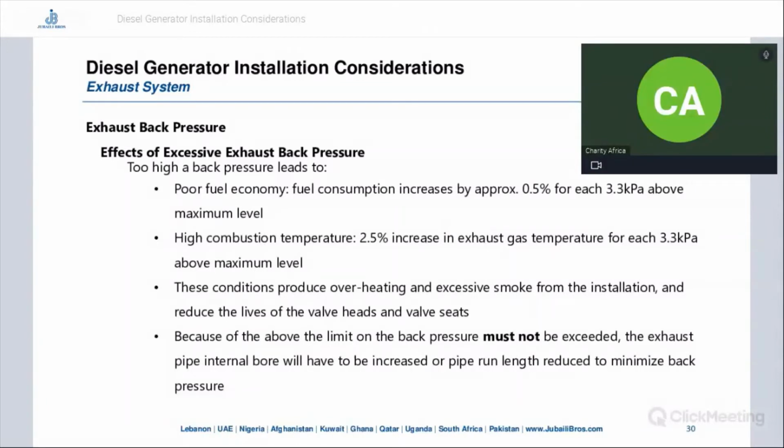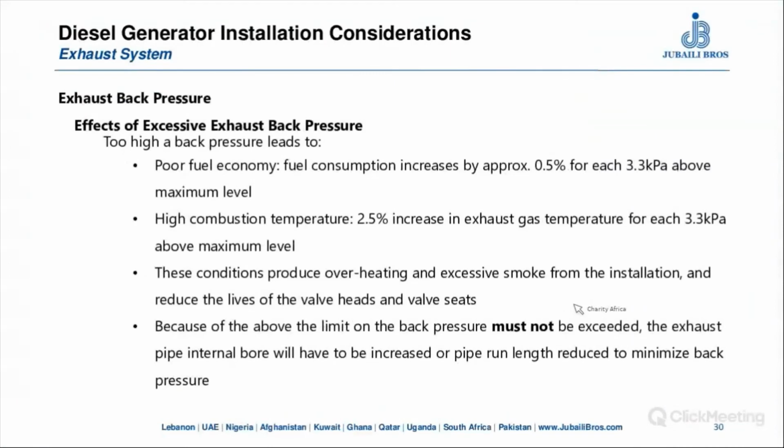Part of the exhaust system is the discussion on the exhaust back pressure. It is important to note that the following are the effects of excessive exhaust back pressure. Too high a back pressure leads to poor fuel economy. Fuel consumption increases by approximately 0.5% for each 3.3 kilopascal above maximum level.